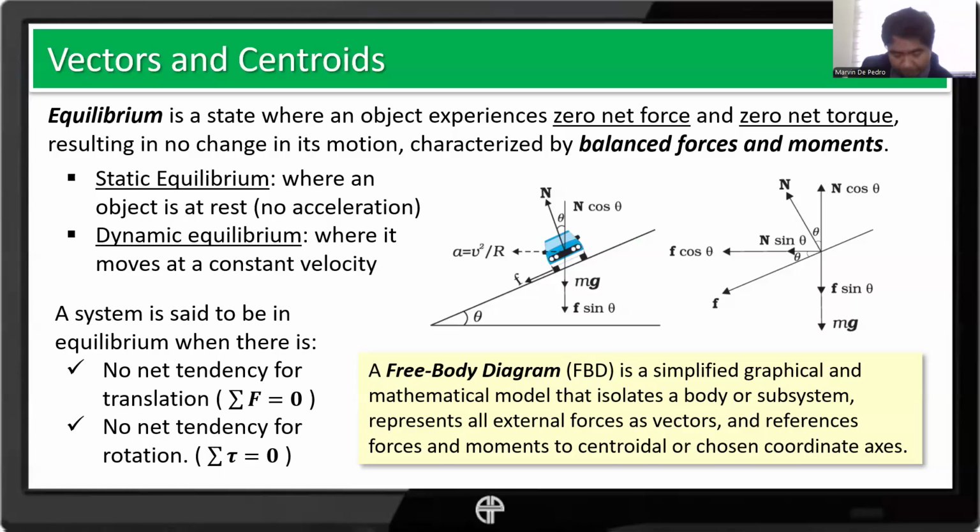Okay? So, in summary, note that a system is said to be in equilibrium when there is, number one, no tendency for translation, meaning the summation of all the forces is equal to zero. The sum of all the X components of the forces is zero.